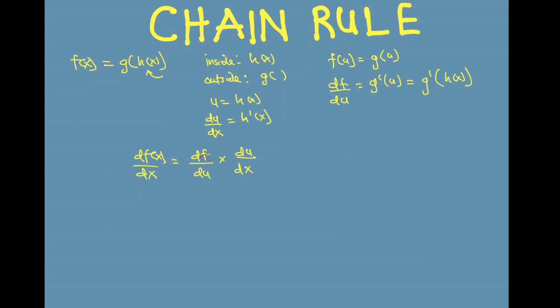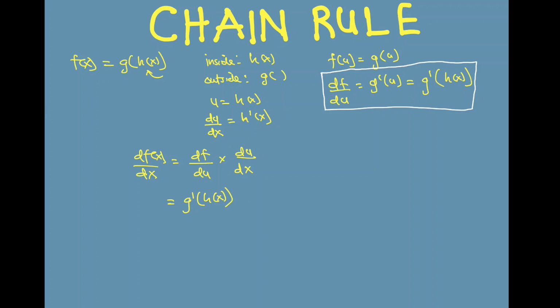Now, the derivative of f with respect to u is what we have here, and we get the derivative of f with respect to u to be our g prime of h of x.